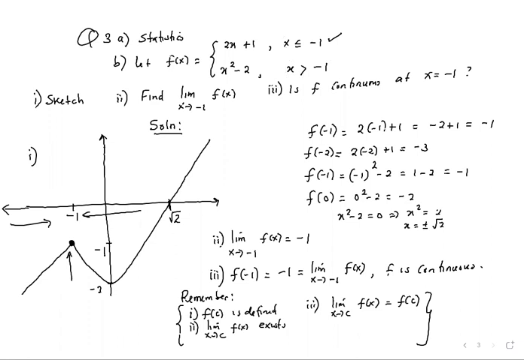If you're talking of this interval here, you can't think of it as being less than -1. Less than -1 is this side, but we are talking of this side. So I can't pick this. I have to pick the one that is being used when x is greater than -1.